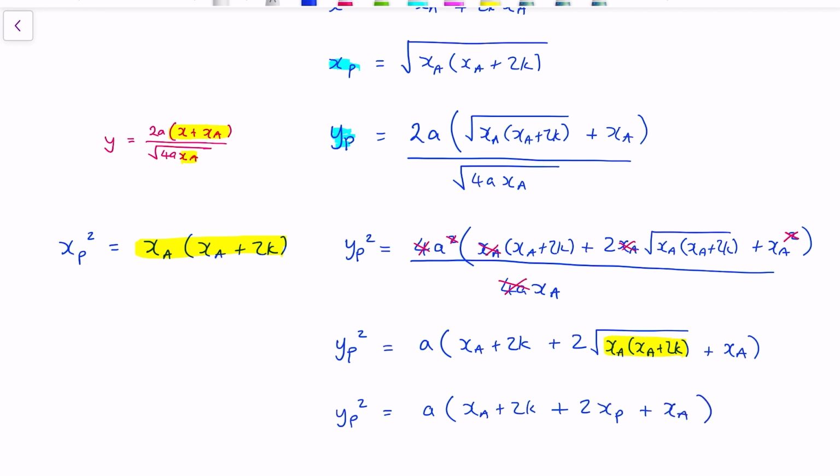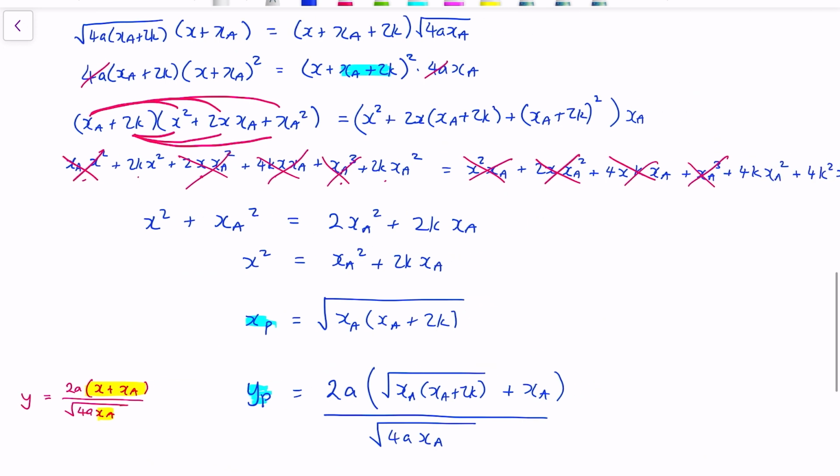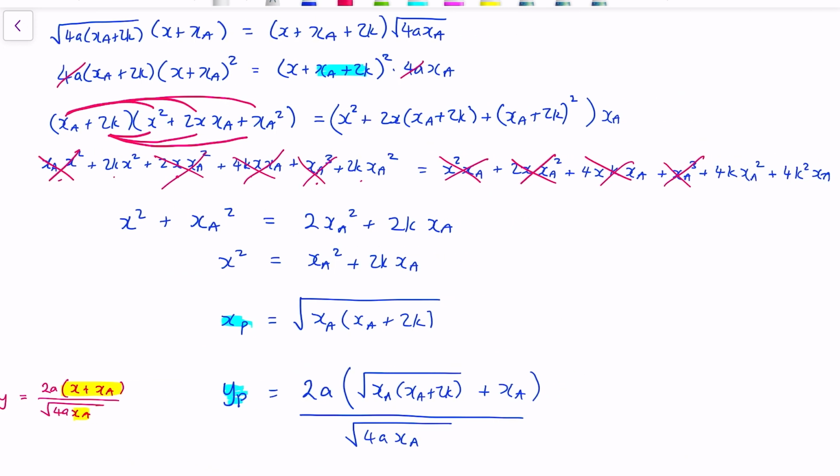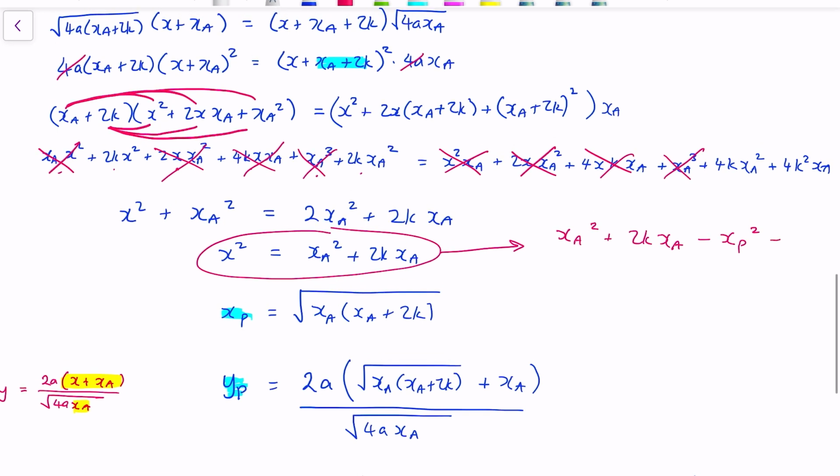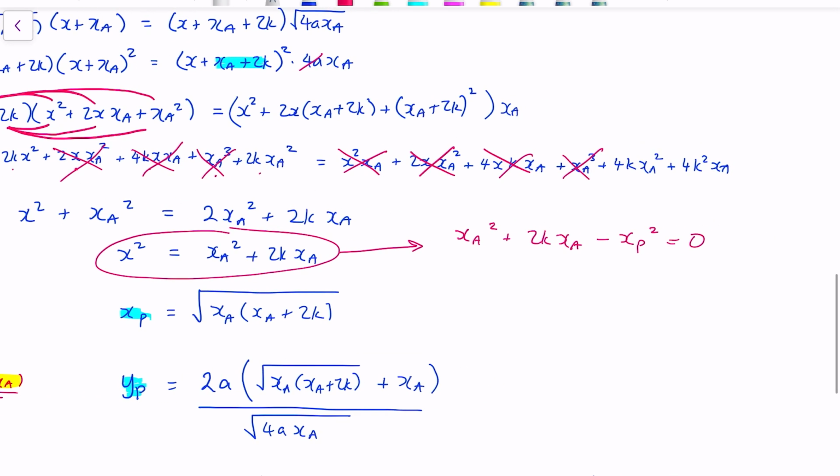But I still need to eliminate this xa and put it in terms of xp. And the only way I can do that is to go back to this problem here and solve a quadratic equation. So I have xa all squared plus 2k xa minus xp all squared equals 0. I can complete the square on this.